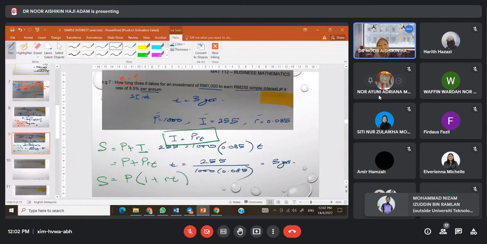So there are two versions of finding S. Either you do it this way, P plus I, or P times 1 plus RT as the formula.